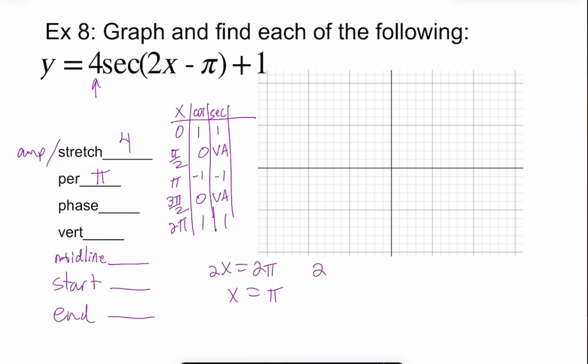Phase shift is where 2x minus pi equals 0. Remember the entire parenthesis. Where does that equal 0? So we got to add a pi. We've got to divide by 2. So that starting place, or our phase shift, is pi over 2. So we get the starting value.